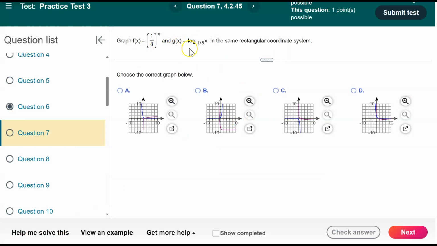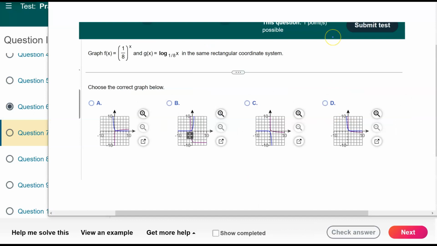So the next question is similar to the previous one, but here the base is 1/8, which is a number that is less than 1. If you remember, an exponential function with a base that's positive but less than 1 is in general a decreasing function.